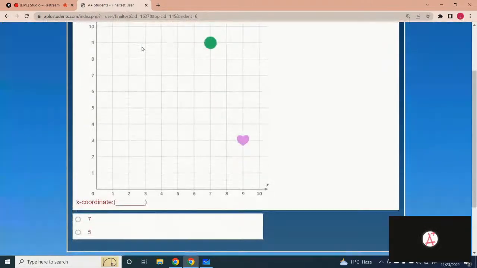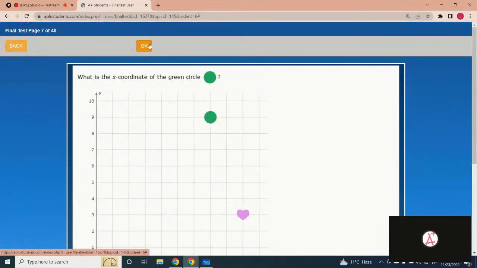So the value is, yes, it would be 7 on the x-axis. So just select the correct option and click on the OK button.